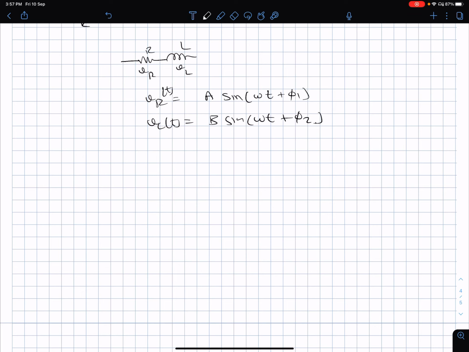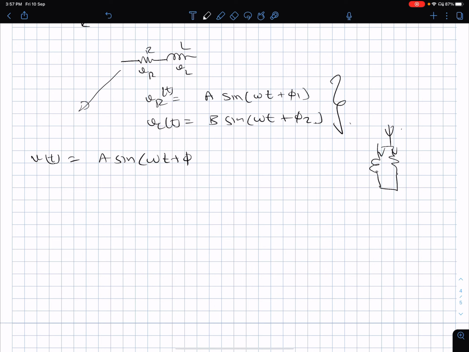Now when you add, or you had two sinusoidal currents flowing through them and you are calculating the net current, which would be something similar to what I am doing here, then the net voltage in this case will be A sin(omega t plus phi 1) plus B sin(omega t plus phi 2).